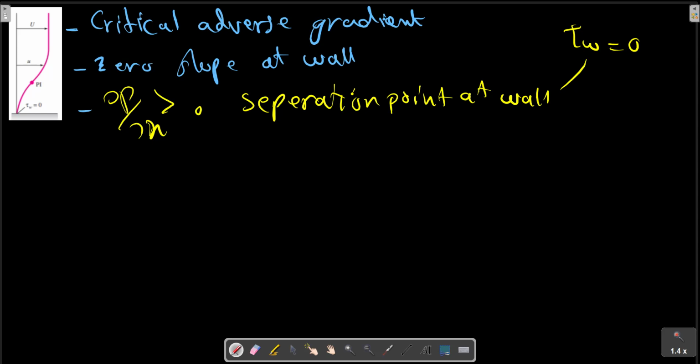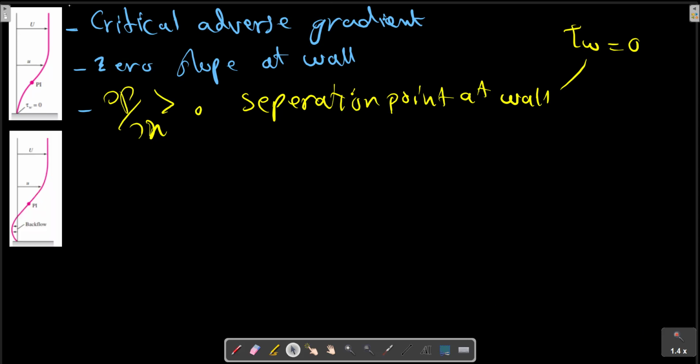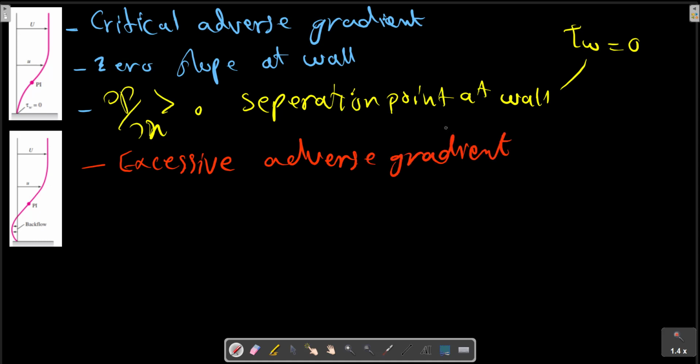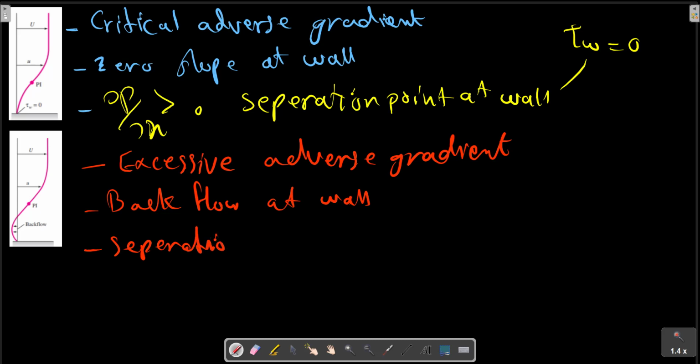This last case in this type of flow is an excessive adverse gradient, with backflow at the wall and separation occurring.